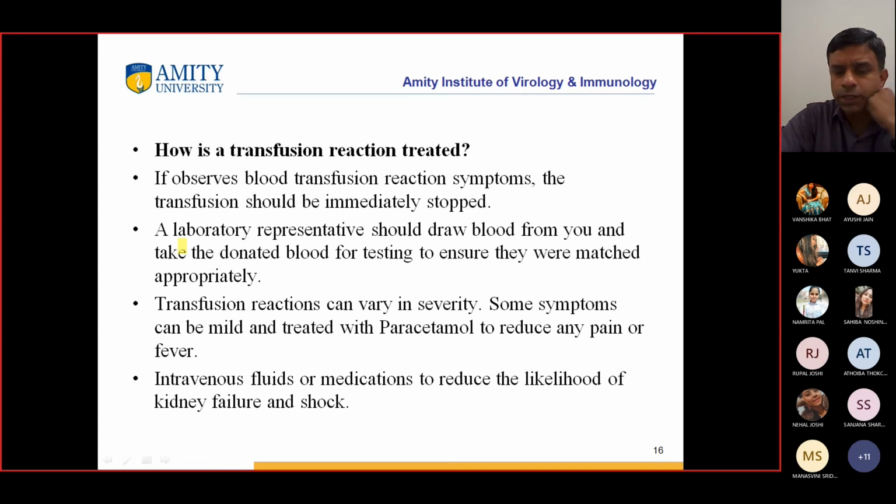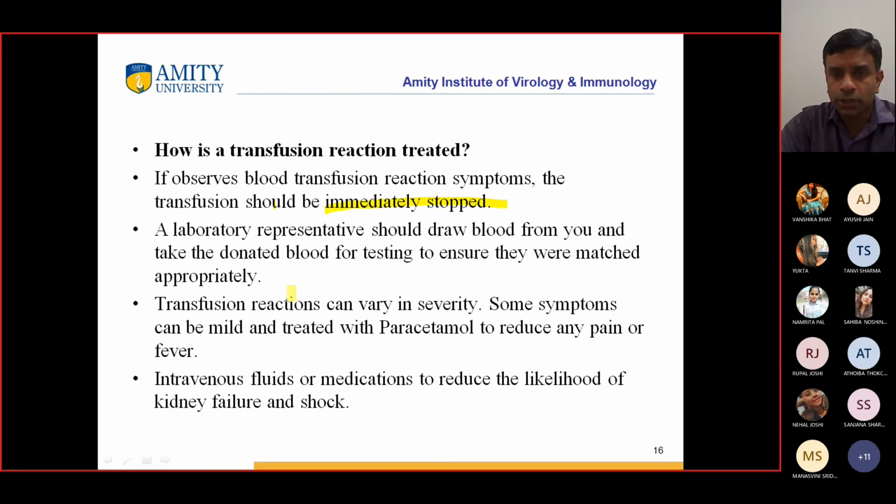Okay, now how can you treat it? So if we observe blood transfusion reaction symptoms, the transfusion should be immediately stopped. So as soon as you get to know that the patient is showing those symptoms, you should just stop the transfusion. Okay, stop the blood transfusion immediately. Okay, and then the laboratory representative should draw blood from you and take the donated blood for testing to ensure that they were matched appropriately.